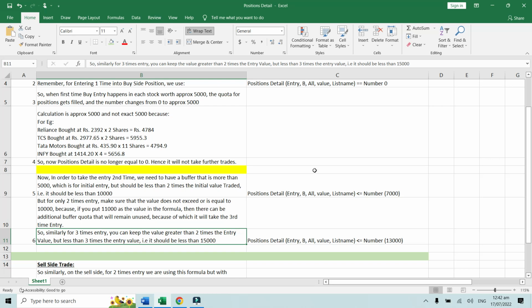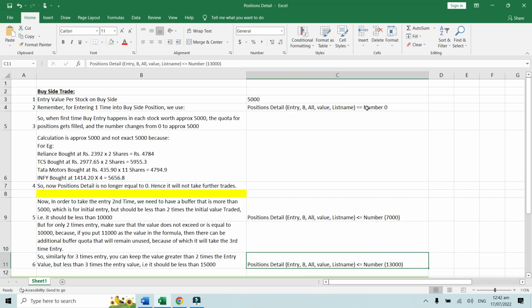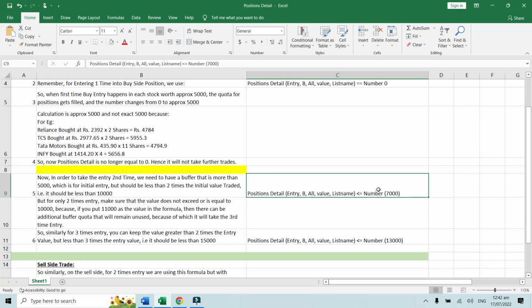So for third time entry, if you want to take it on either buy side or sell side, then position detail buy value should be around 13,000, because 5,000 means one time entry, and 10,000 would be around 2 times entry. So that's the reason why we are using 7,000 in this case. The third time entry would be around 10,000, right?